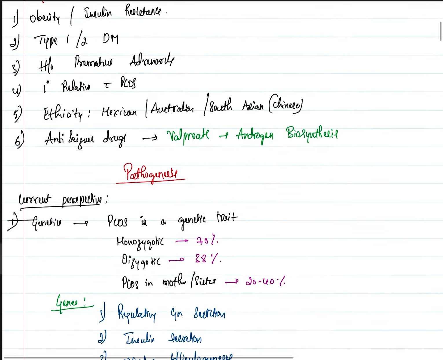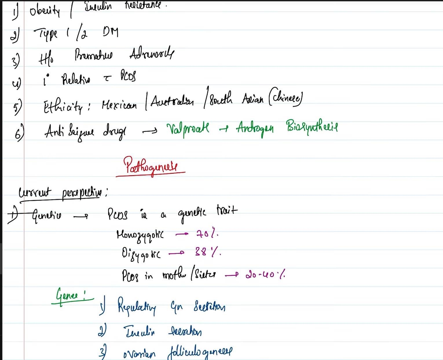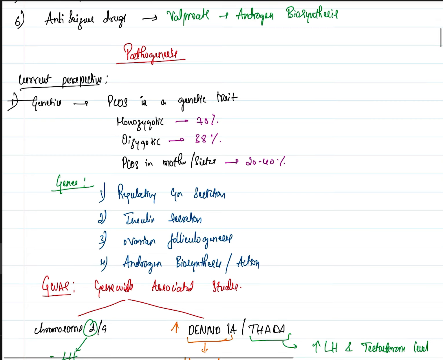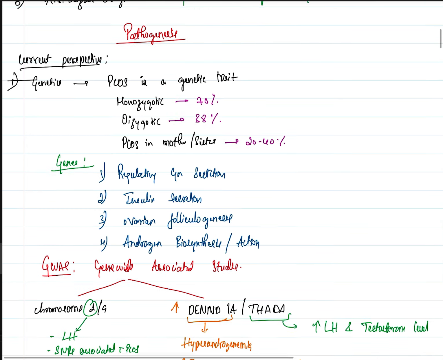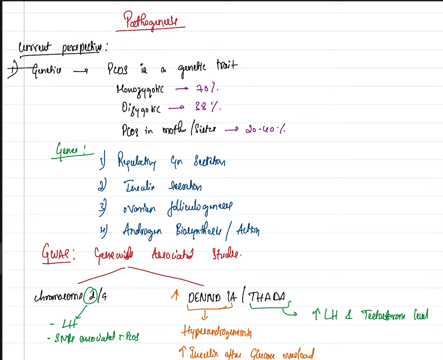Now, let's see the pathogenesis of PCOS. In the current perspective, we have a genetic predisposition as well. PCOS as a genetic trait in monozygotic twins we can see in 70%, dizygotic 38%, or PCOS in mother or sister, there is a chance of 20 to 40% in a daughter.